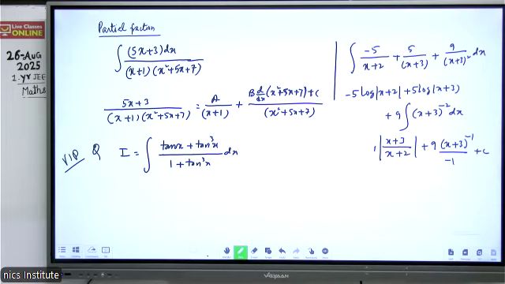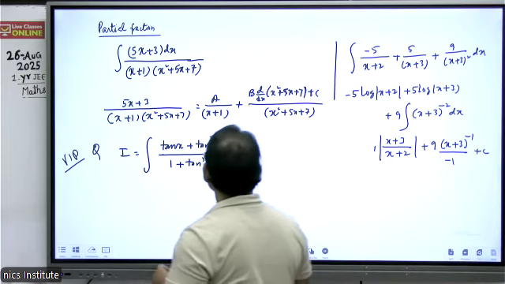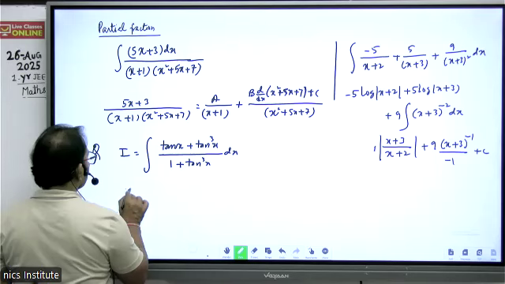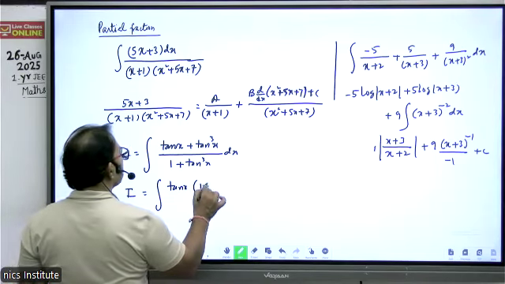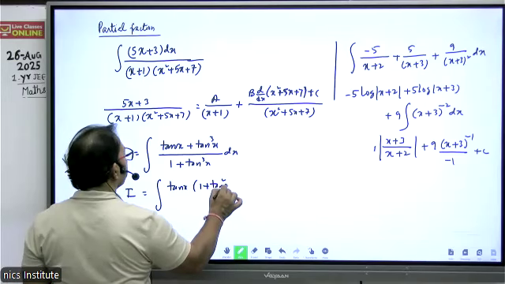This question will come in the exam. This is not written yet. Take tan x common. So it will be 1 plus tan square x, which is sec square x.